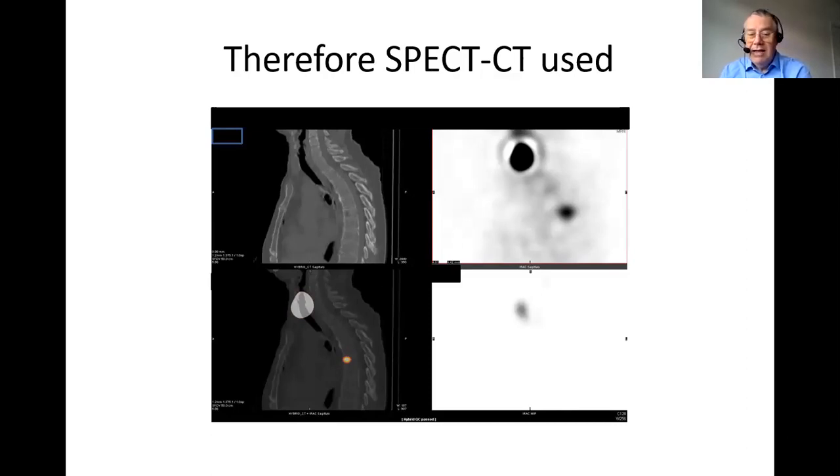And SPECT-CT demonstrated there was indeed a metastasis in this stage 1 thyroid tumor, as staged before the iodine-131 SPECT-CT. And if you look very carefully on the CT component here, you can see there is a lytic bone metastasis in the spine. And this clearly changed the whole patient management.